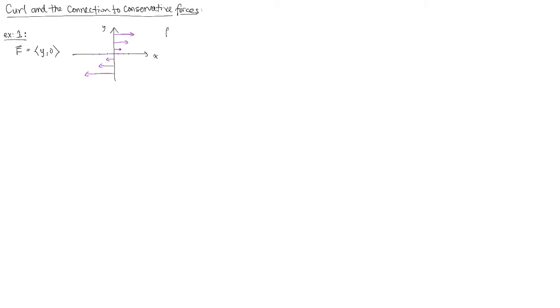Okay, so number one, we've already seen scenarios where the work was path dependent. We already found that the work was path dependent in the previous example when we took different paths from one point to another point.